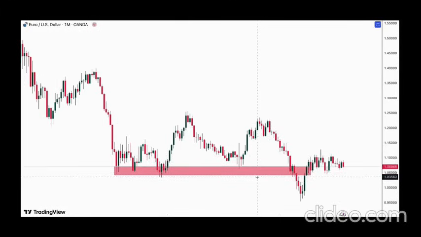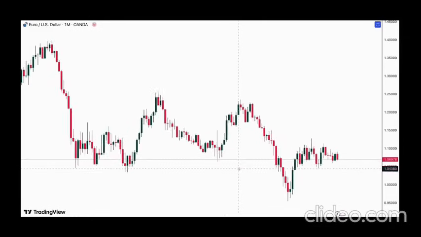Though we can't label the biggest support like this because it is an unusual way of trading, it was just showing you guys how the market struggled many times to penetrate here. So let me take this out.